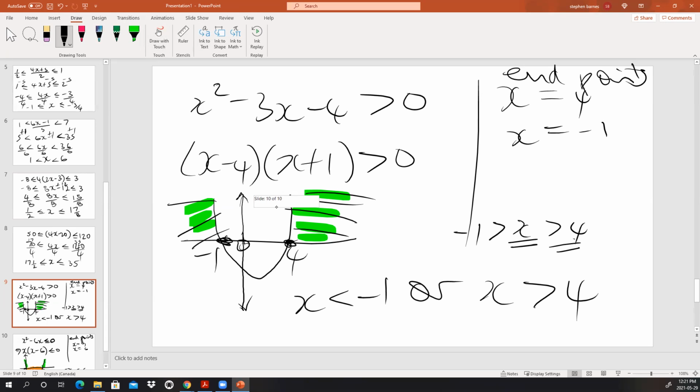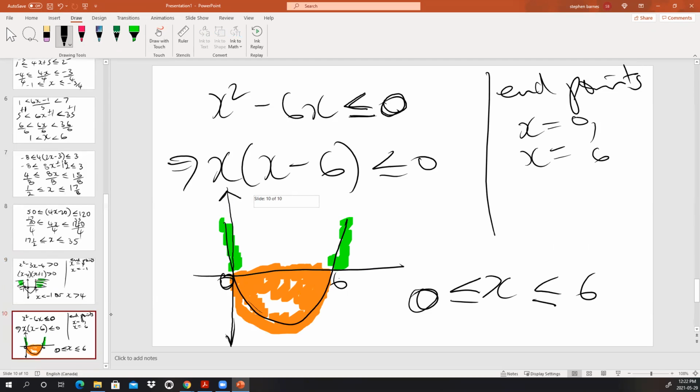When it is like this, I have to put x is less than -1 or x is greater than 4, but when it's in between, you can write it the way I had it on the other slide. So let me erase this somehow. All right, so that's enough for that.